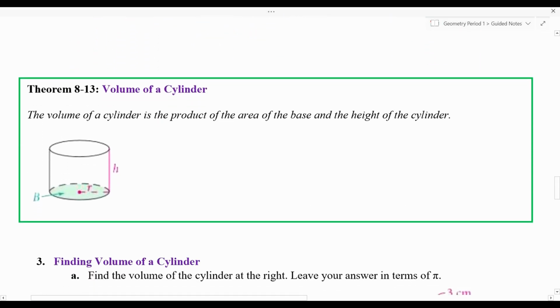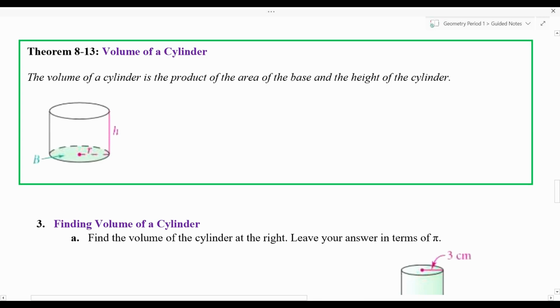Moving on to our next theorem, which is the volume of a cylinder. The volume of a cylinder is the product of the area of the base and the height of the cylinder. Sounds very familiar. As a matter of fact, the formula is identical. Volume equals area of the base times the height.